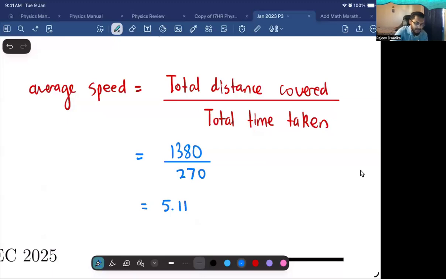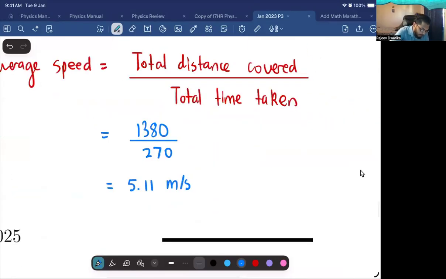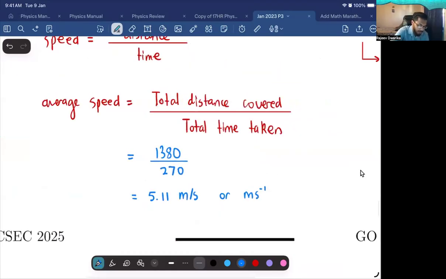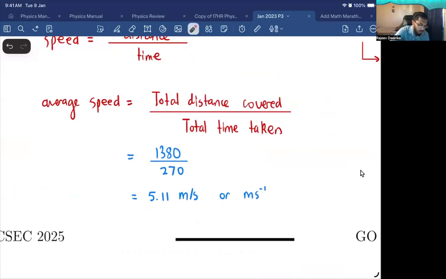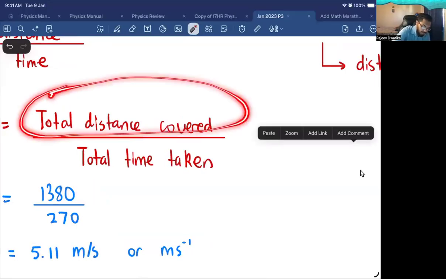5.11. And since it's speed we are finding for, what are the units for speed? Meters per second. Wouldn't it be squared or just meters per second? It would just be meters per second. Let me explain why. What is distance measured in? Meters.